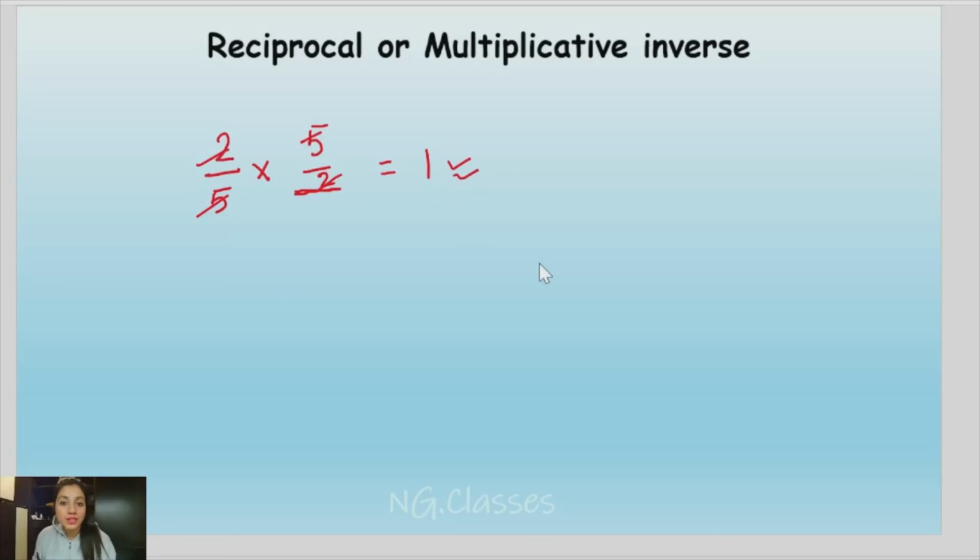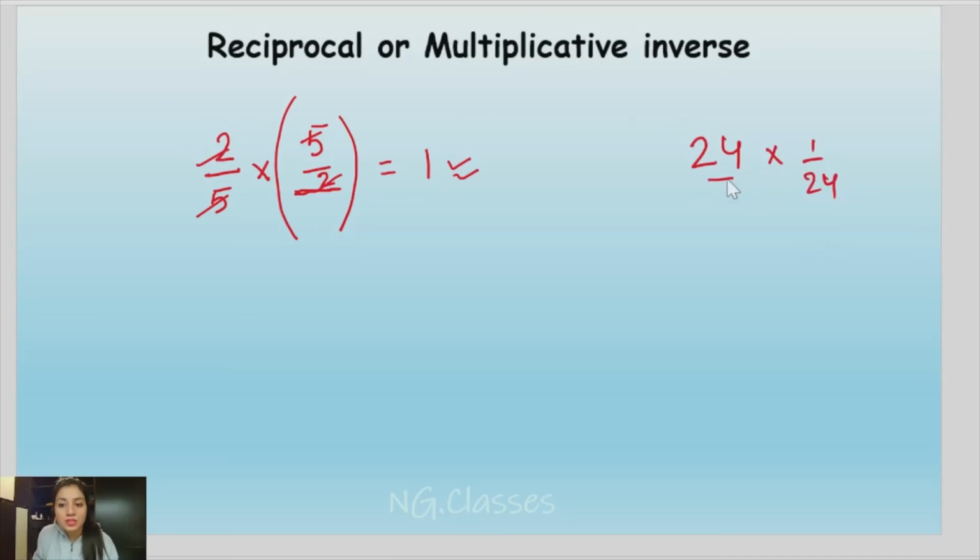So what is the reciprocal or multiplicative inverse? This 5 by 2 is the reciprocal of 2 by 5. What does it mean? We just reverse the fraction. If we have any integer or whole number like 24, what will be the reciprocal of this one? It will be 1 by 24.